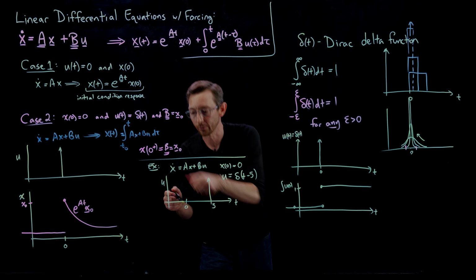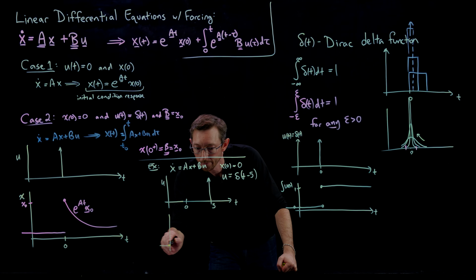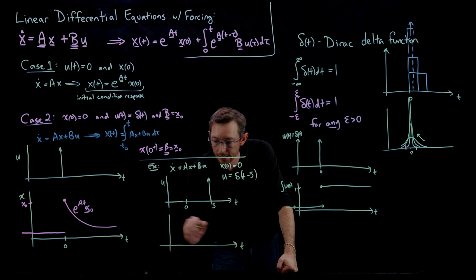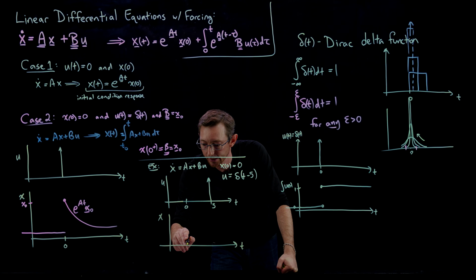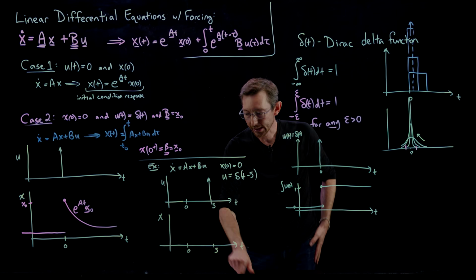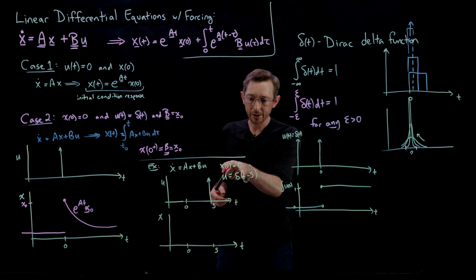And so what is our output response x? Okay, this is t, and this is x, and this is 0, and this is time 5. So again, just like we saw here, my initial condition is 0.